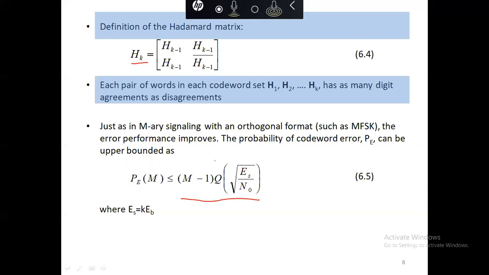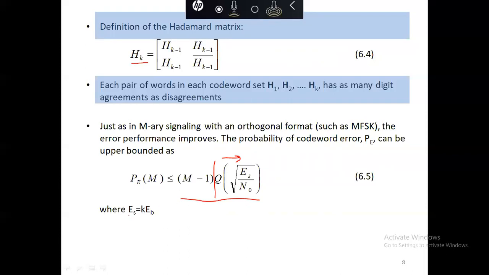If you see this part, it is in fact the binary orthogonal signaling, and for M-ary we have M minus 1 into this Q function error probability.